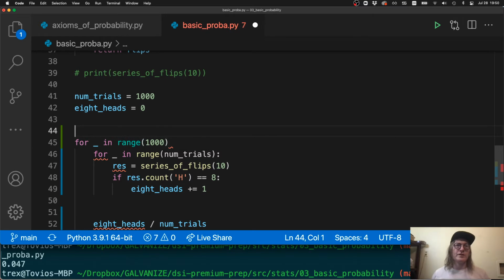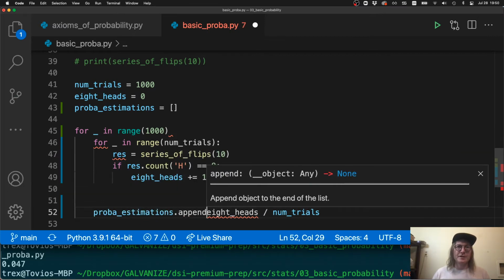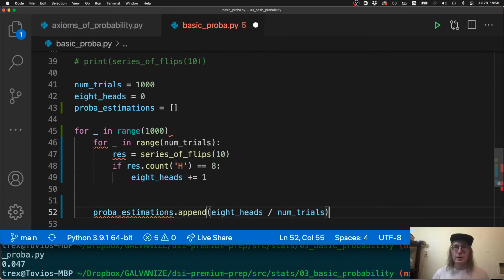And we're going to also collect the probability estimations. And down here, I'm going to say probability estimations dot append. We're going to append that result. Unless I misspelled something. Oh, just missing a colon.